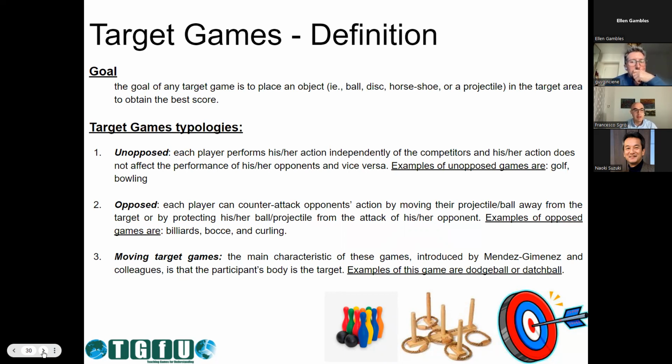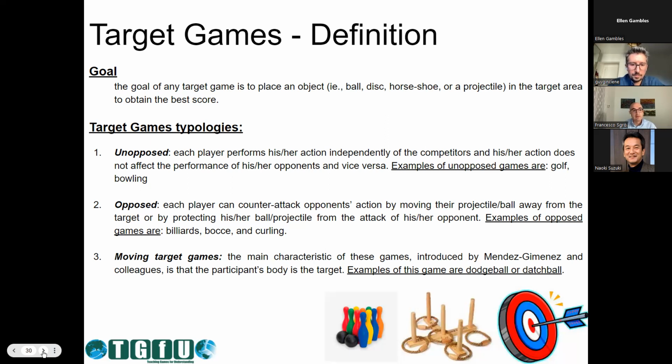Target games can be associated to three different typologies of game. The first, unopposed games, such as golf or bowling, where each player performs an action independently of the opponents. The second typology is opposed target games, such as bocce or curling.